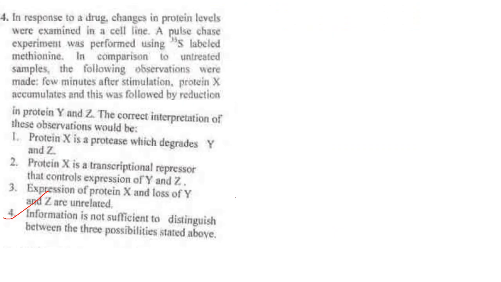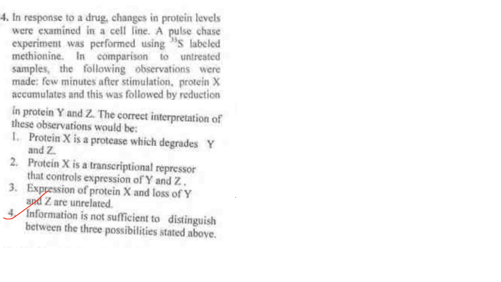The next one. In response to a drug, changes in protein levels were examined in a cell line. A pulse chase experiment was performed using S35 labeled methionine. In comparison to the untreated sample, the following observations were made.